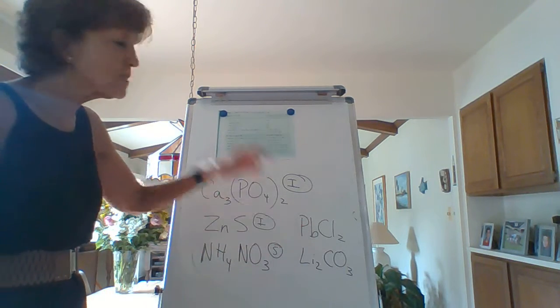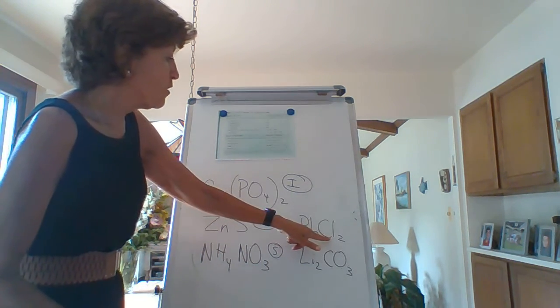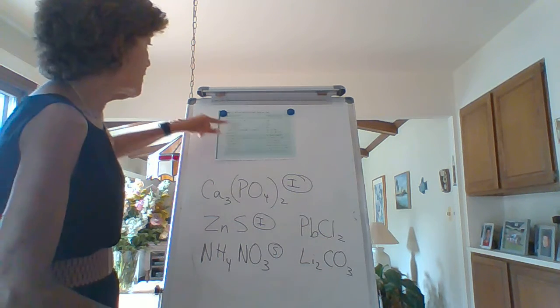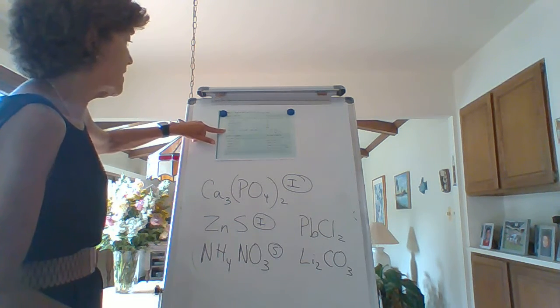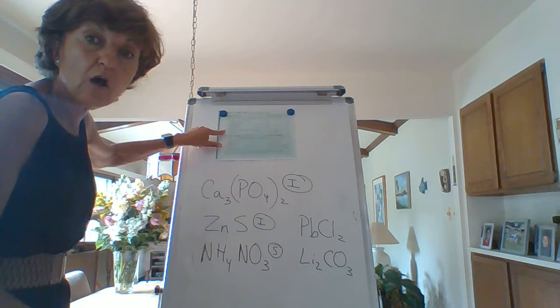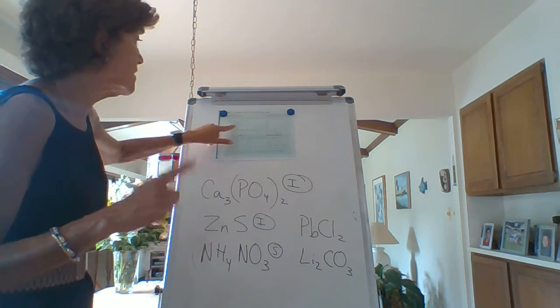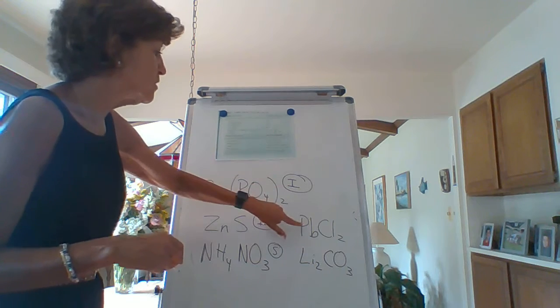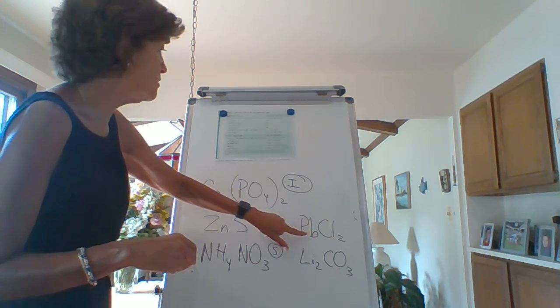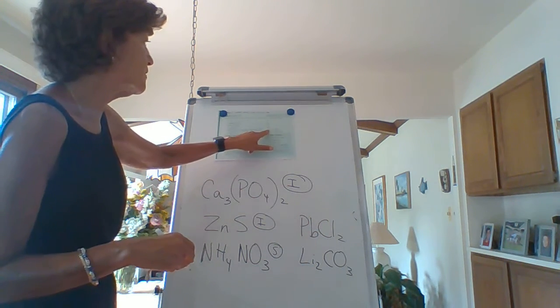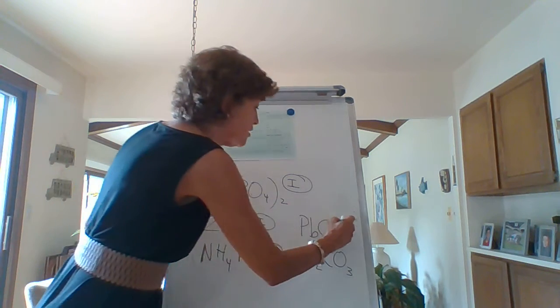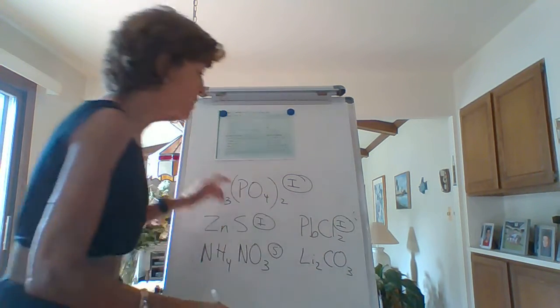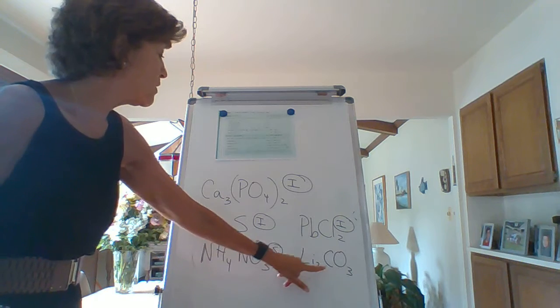Okay, let's take a look at this one. Let's look at the chlorides. Do we have a rule for the chlorides? Yes, all chlorides are soluble unless they're hooked up to lead-2. See this exception here? So even though chlorides are soluble, if they're hooked up to silver, lead, or mercury, they're insoluble. So this is insoluble. And then finally, let's look at this one.